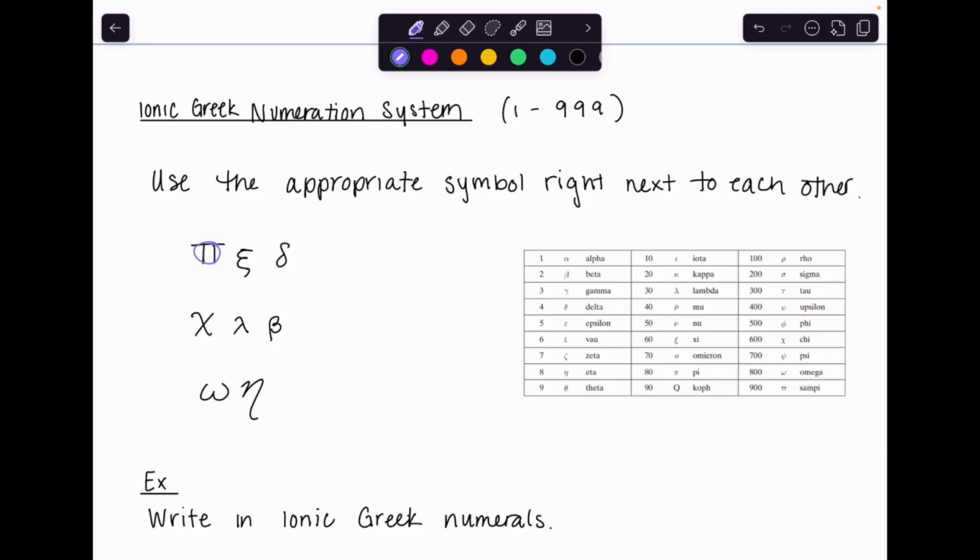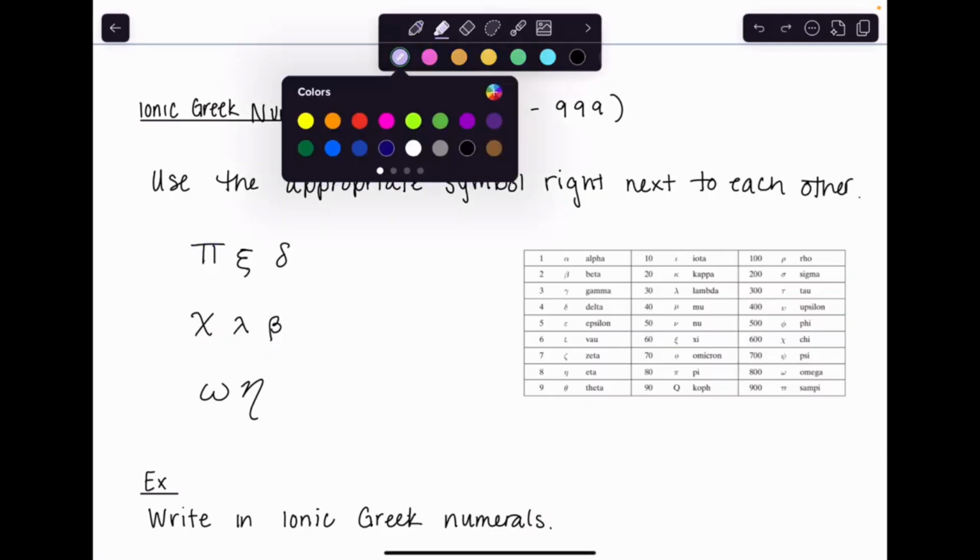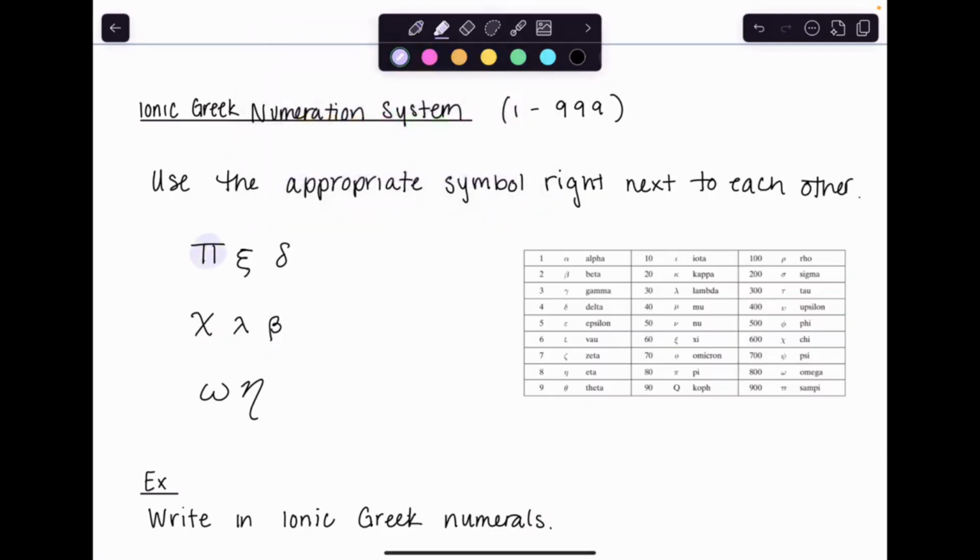So this allows me just to draw on it, comparing each of these. If I look at this first digit, that is going to be sampi. Okay, so that's really representing 900. Then our next digit here is going to be our chi, our psi.